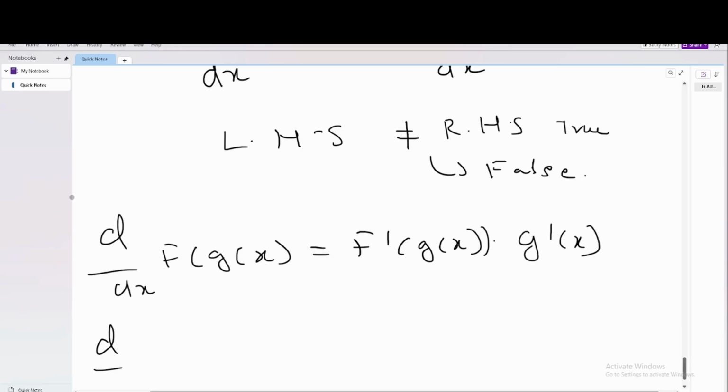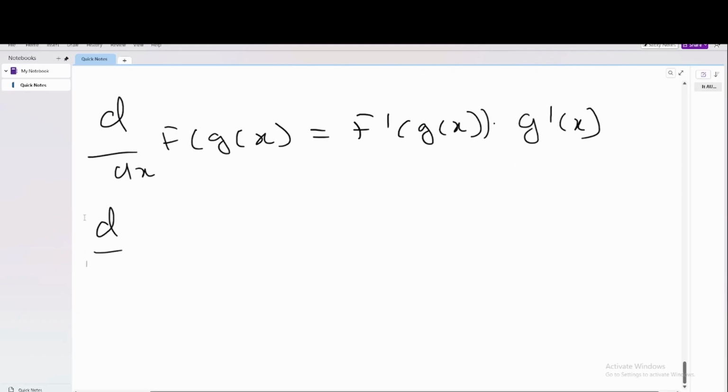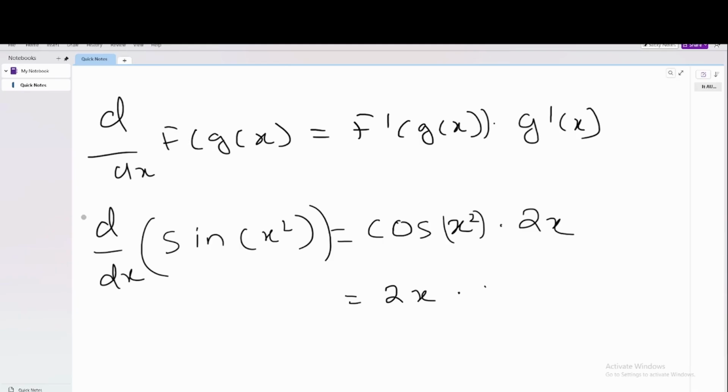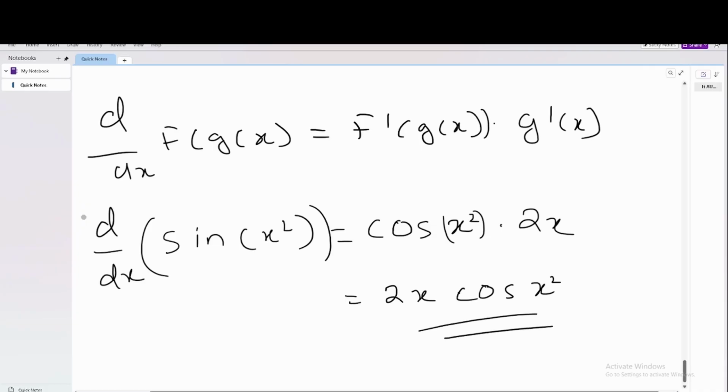That is, d by dx of sin x square is equal to the derivative of sine, which is cos of x square, into the derivative of x square, that is 2x. It will be 2x into cos x square. This is the final value of the derivative of sin x square.